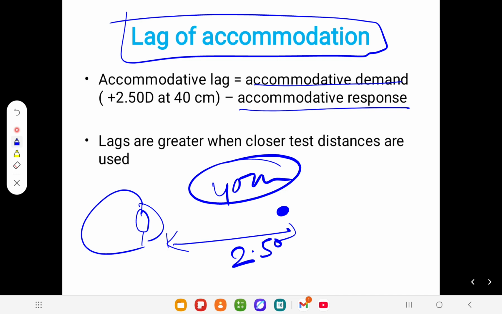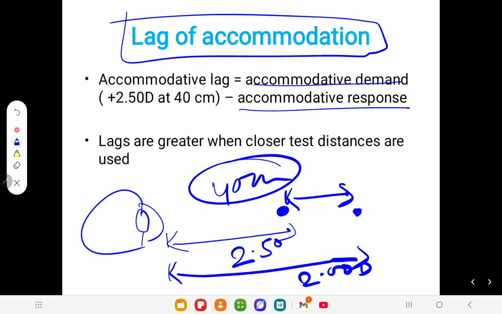The main reason is depth of focus, so the response is lesser, like 50 centimeters, which means the actual response is 2 diopter. So that's the gap between these. That is the lag of accommodation. Okay, if this is the demand and I accommodate more than demand, then it will be lead of accommodation.